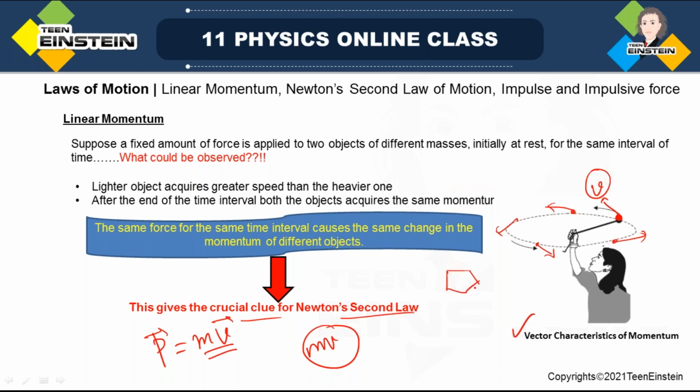You just throw one with your hand, and another bullet you fire with a gun. The outcomes will be different.